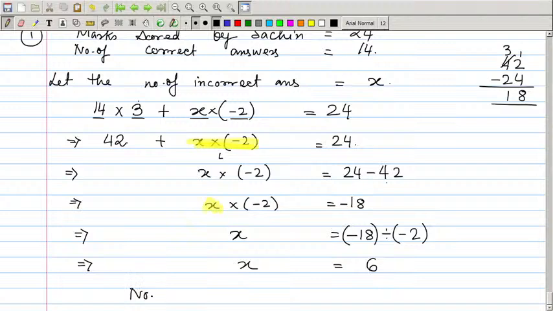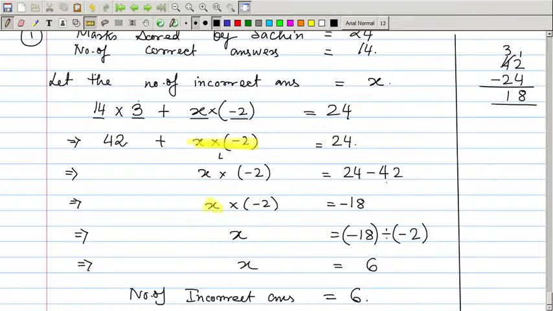So number of incorrect answers is equal to 9. I can always do it in the rough column once more and see the correctness of my answer. So let us see, 14 into 3 plus 9 into minus 2. What do you get? 42 minus, did we go somewhere wrong? Answer should be 24, no?